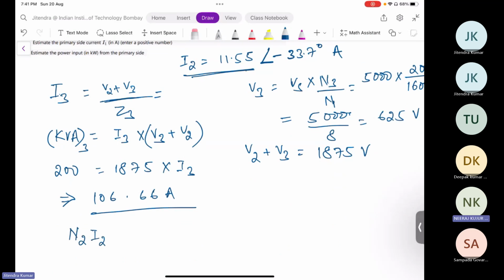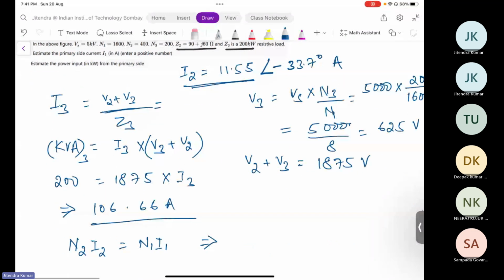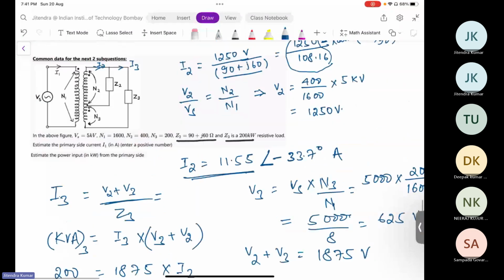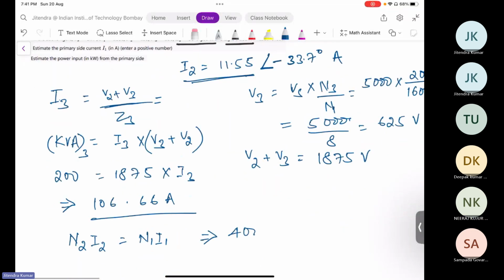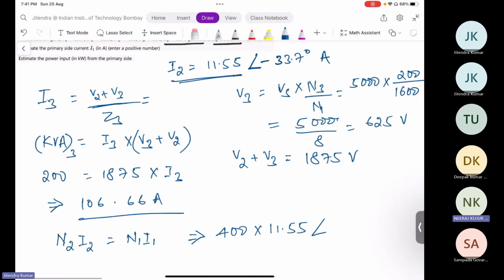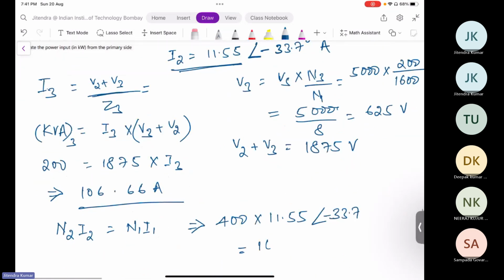N2 I2 is equal MMF balance also. So N2 I2: N2 is 400 and I2 is 11.55 with angle minus 33.7, is equal to N1, which is 1600, into I1.